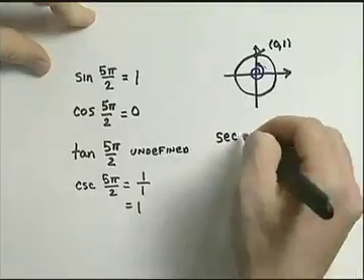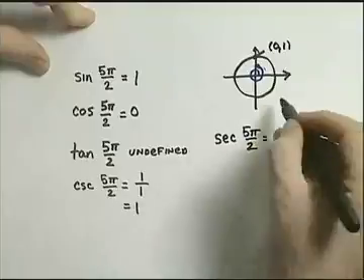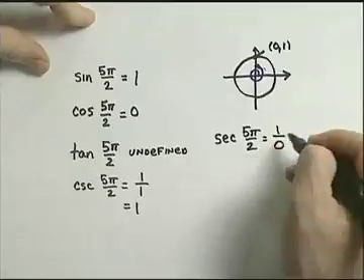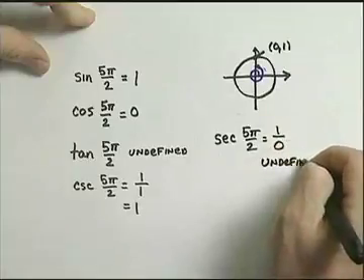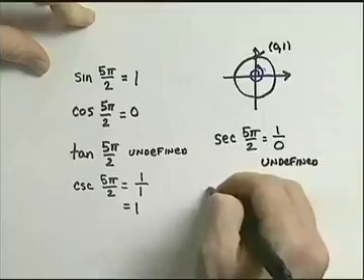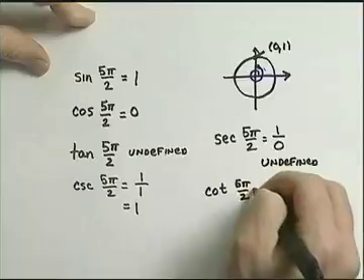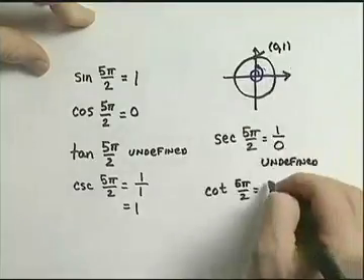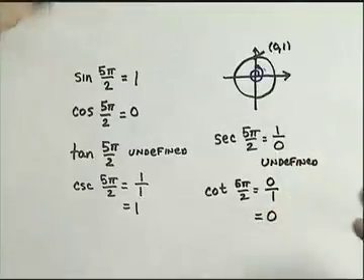The secant function takes as input an angle and gives as output 1 over the x-coordinate of the terminal side, so here I would get 1 over 0, which is undefined. Finally, the cotangent function takes as input an angle and gives as output the ratio of x over y. So here I would get 0 over 1, which is 0.